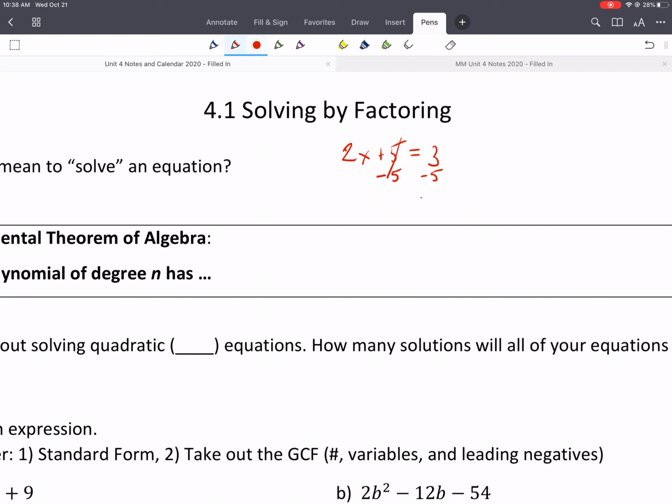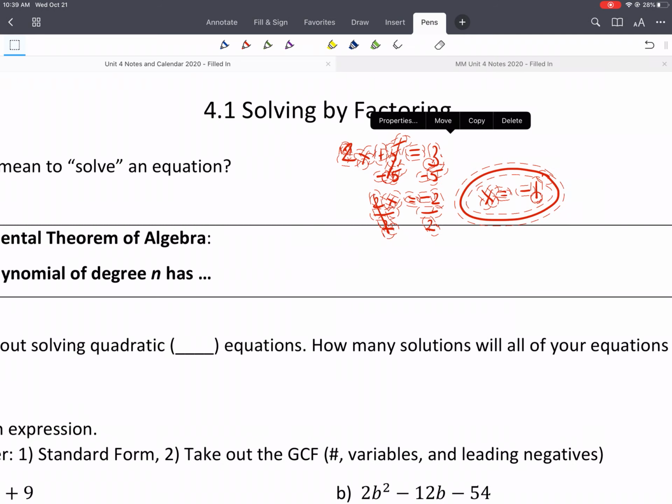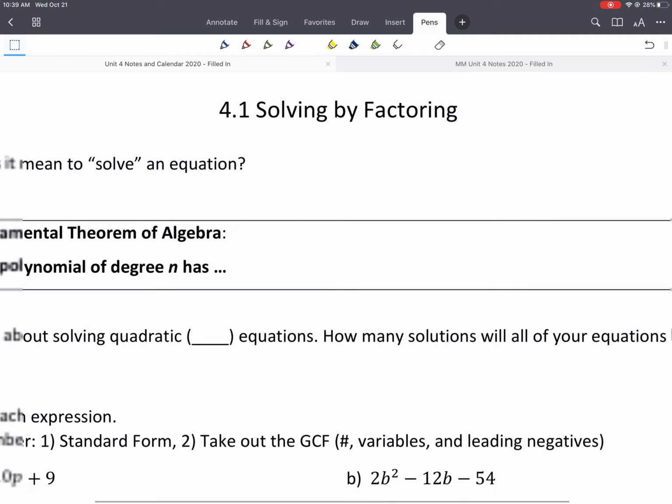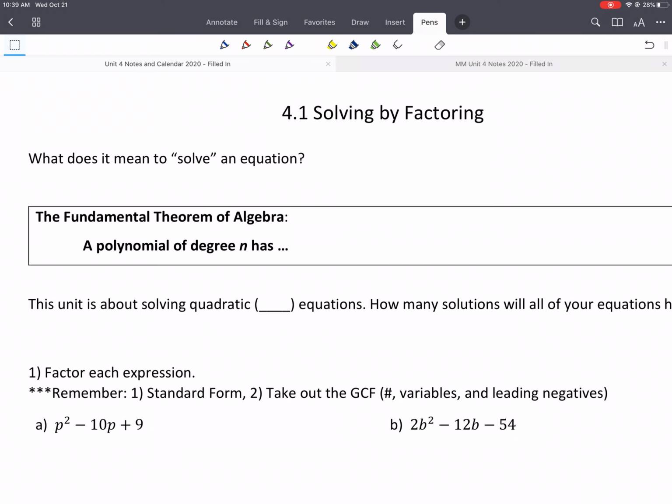That would give us negative 2 is equal to 2x, and then we'd divide both sides by 2. And you'd end up getting x is equal to negative 1. So that is a solution for a linear equation. And we're going to be doing something similar with quadratics. We're just going to need to solve for x.